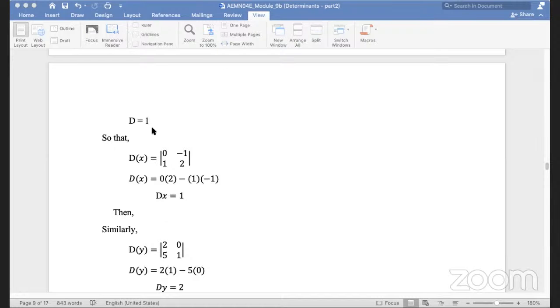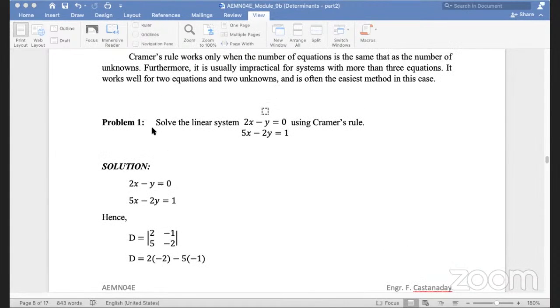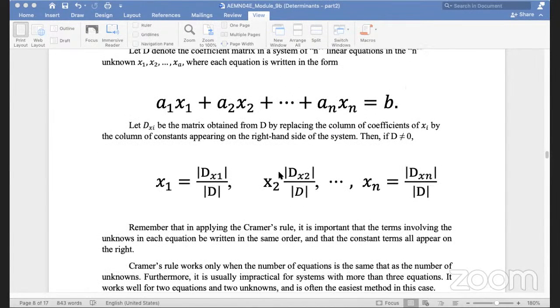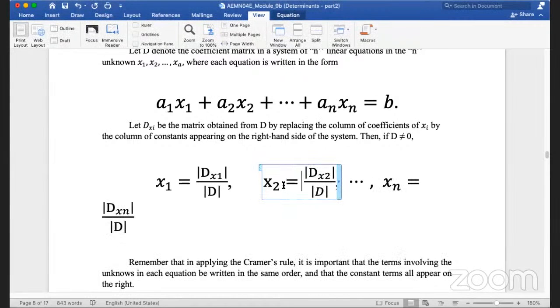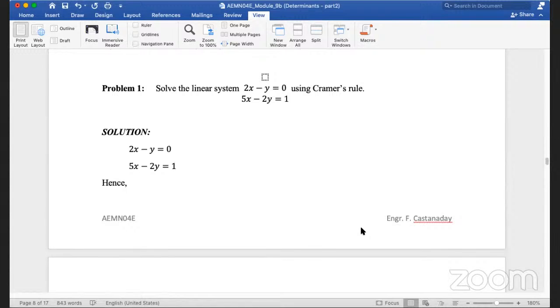So earlier we solved the first problem, in which we are given two equations, two unknowns, using Cramer's rule. Just a review of what we did earlier. And of course, we learned about these formulas in obtaining the value of the variables or the unknowns.